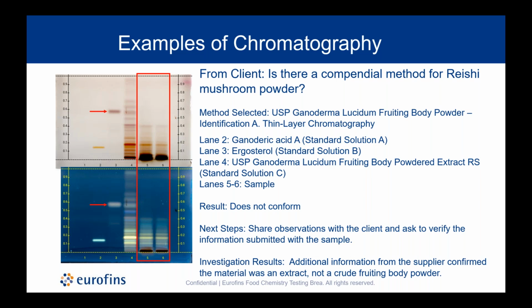And so in this case, additional work and investigation can be done to do method development and troubleshooting to determine if there's a better way to go about performing an identity test on this type of material.